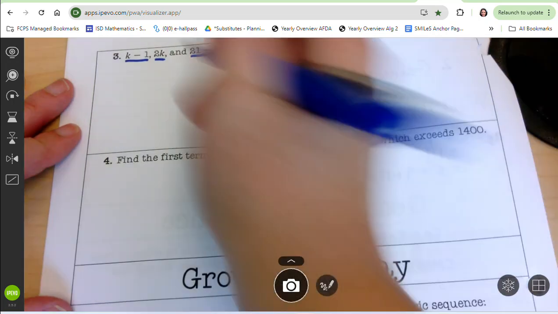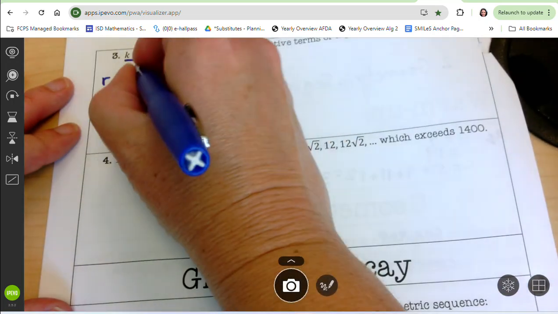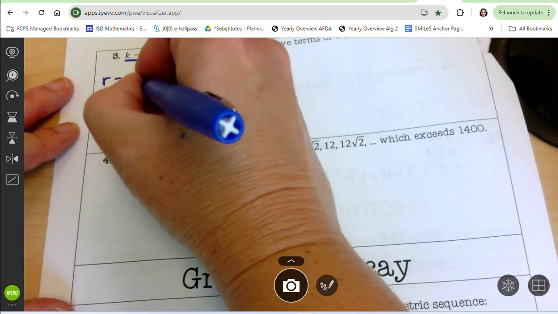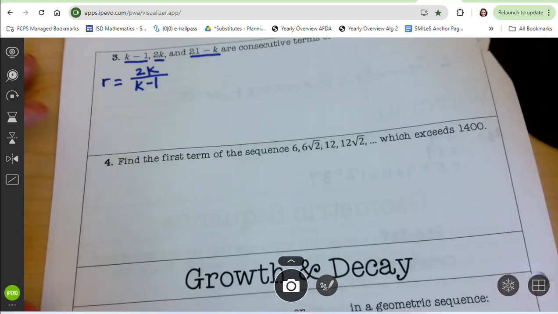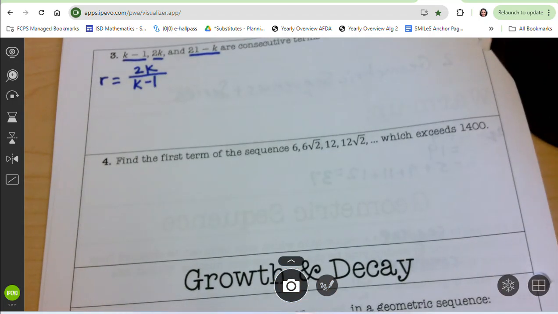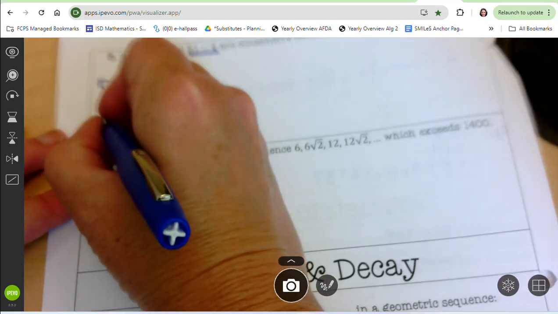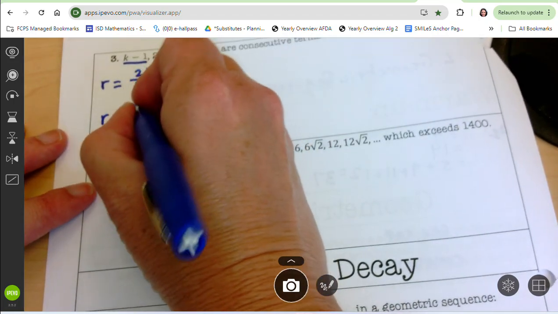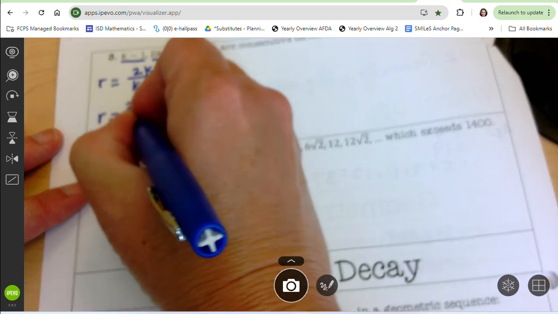So first equation is r is equal to 2k over k minus 1. The second equation is r is equal to 21 minus k over 2k.